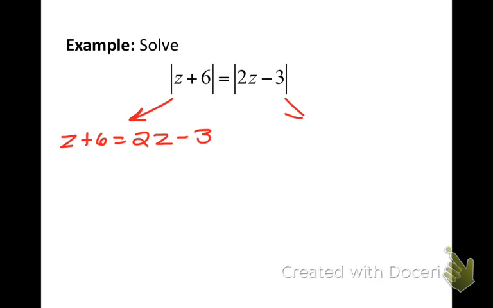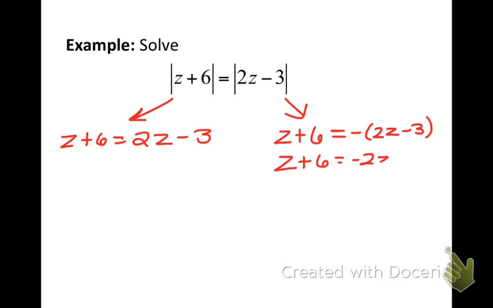It's the negative one that gets a little bit challenging. So it's going to be z plus 6 equals, what's going to be on the other side? Can I jump right to that, or do you want me to show the distribution? I'll show the distribution if you want it there. You don't have to if you want to jump right to it. So it would be z plus 6 equals negative 2z plus 3.